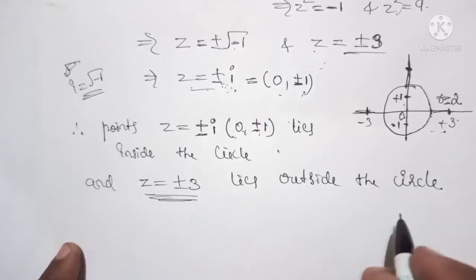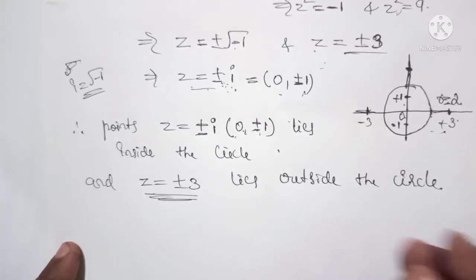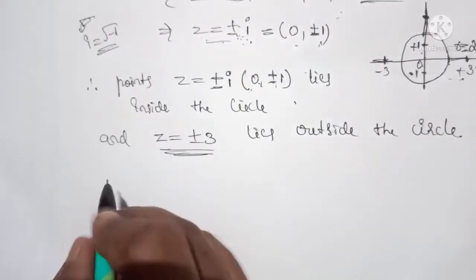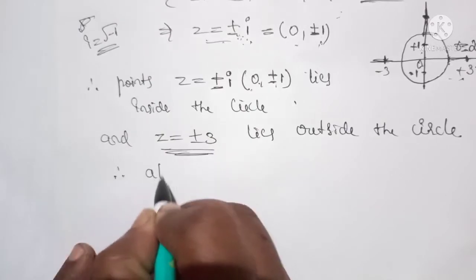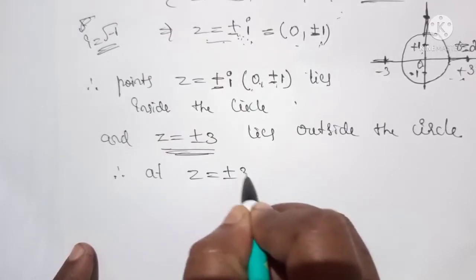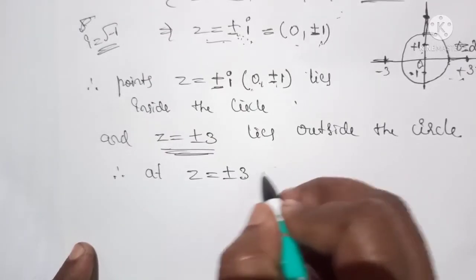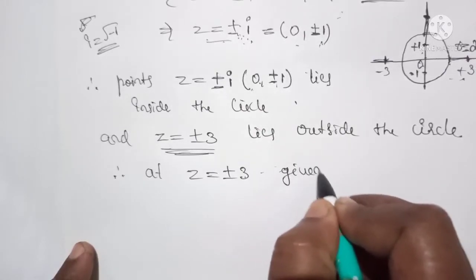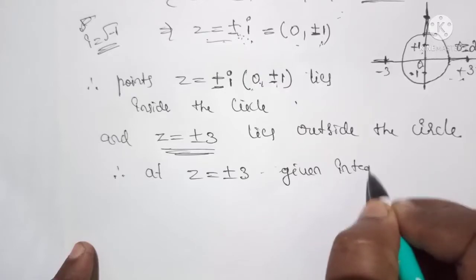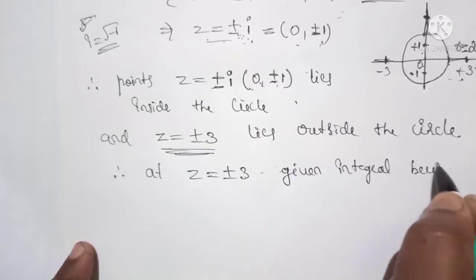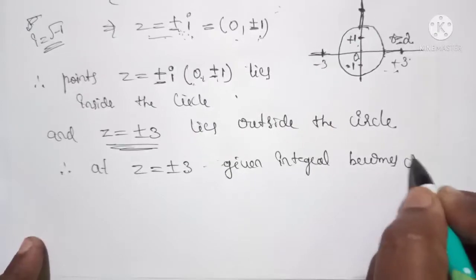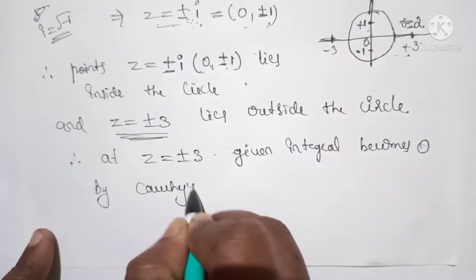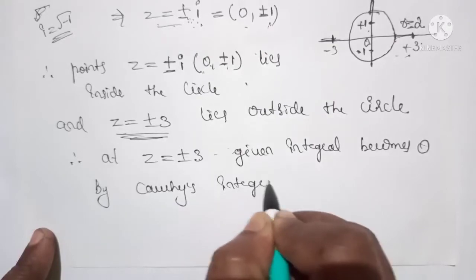Okay, so therefore at z equals plus or minus 3, the given integral becomes 0 by applying Cauchy's integral theorem.